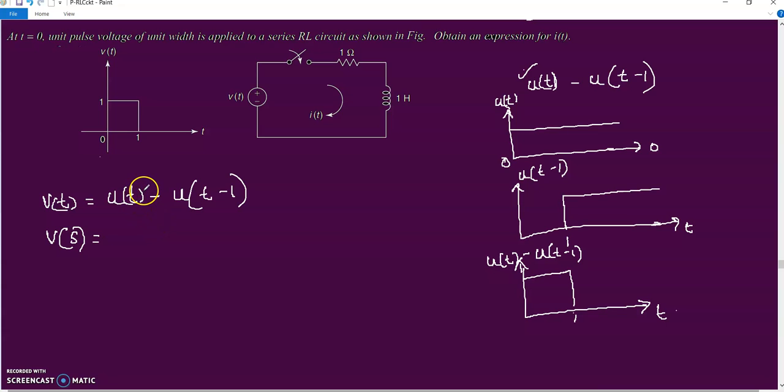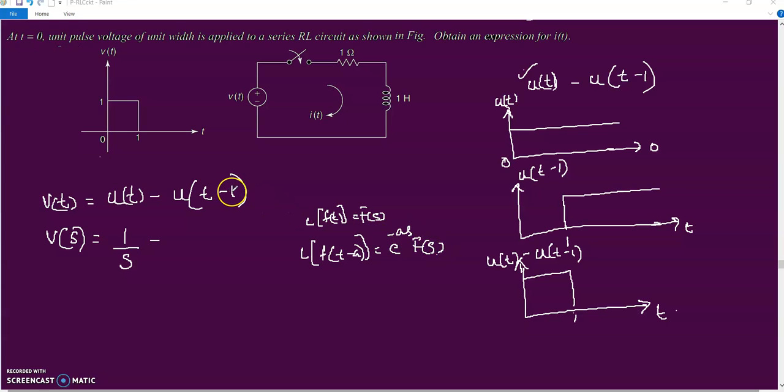What is the Laplace transform of u(t)? The Laplace transform of u(t) is 1 by s. What is the Laplace transform of u(t minus 1)? By the time shifting theorem, if the Laplace transform of f(t) is F(s), then the Laplace transform of f(t minus a) is e raised to minus a s into F(s).